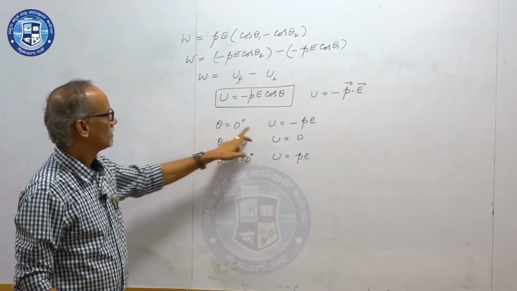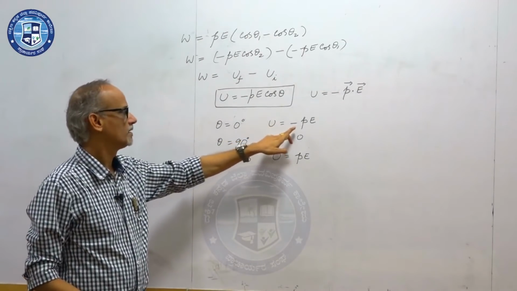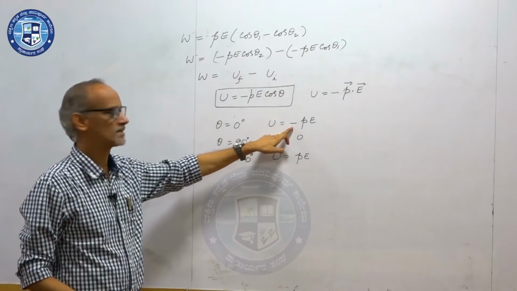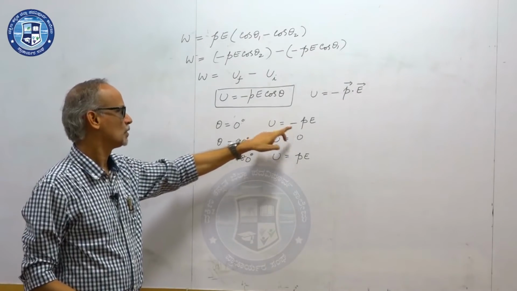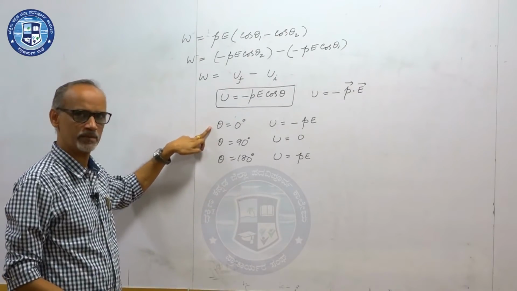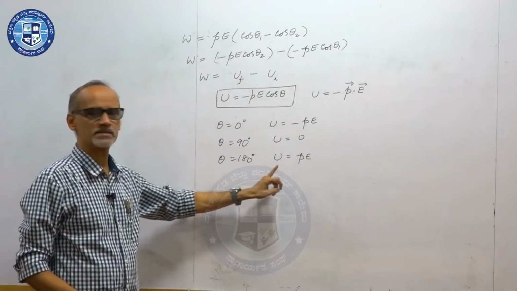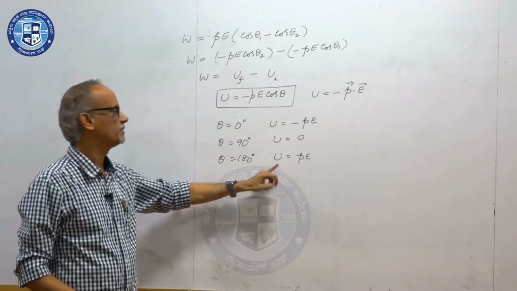So, we find that when the dipole is in the stable equilibrium position, its energy is negative, so its energy is the least. Energy is minimum when the dipole is in the stable equilibrium position and maximum when it is in the unstable equilibrium position.